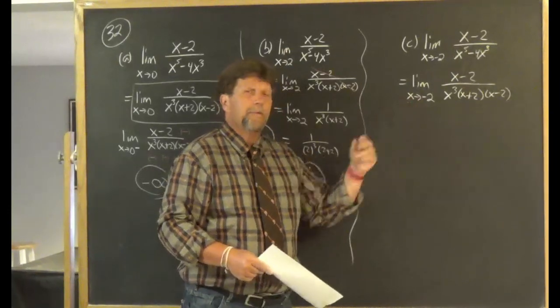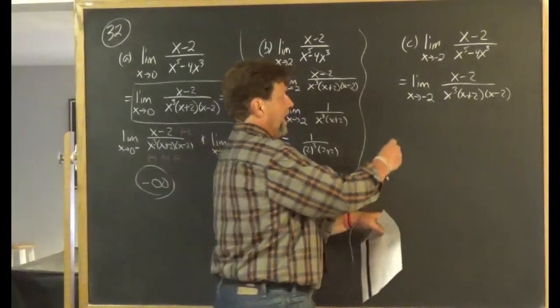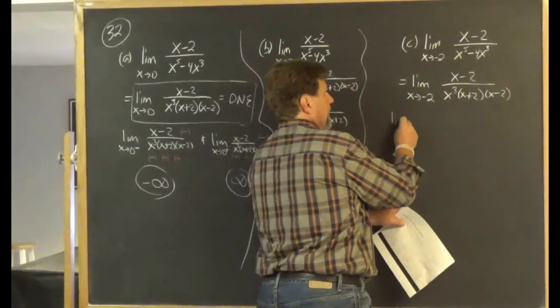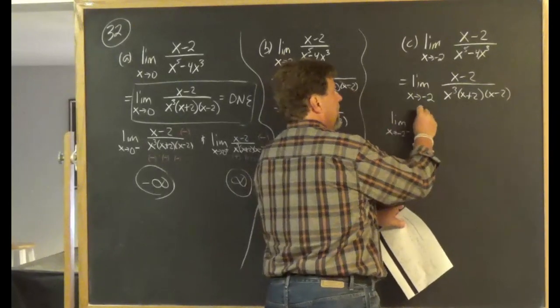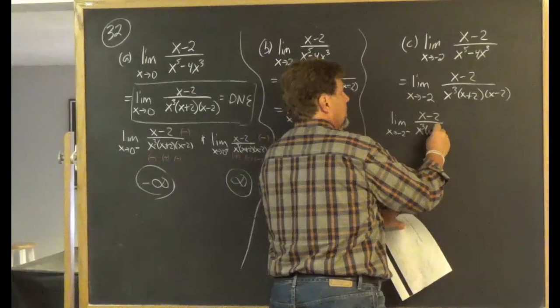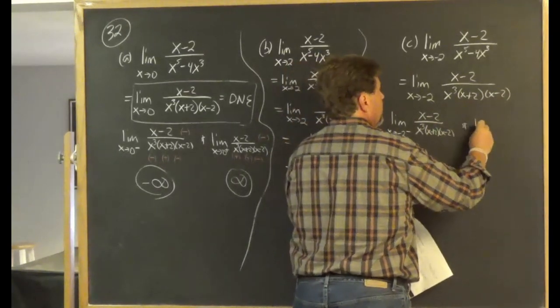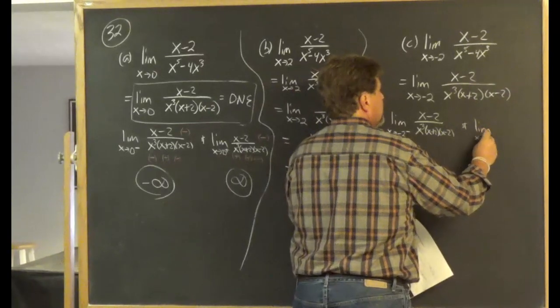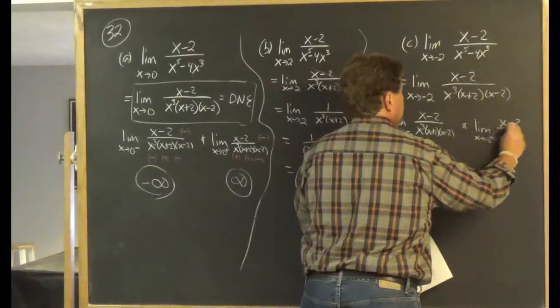In order to determine if the limit exists, we need to determine the limit as x approaches negative 2 from the left side of negative 2, and the limit as x approaches negative 2 from the right side of negative 2.